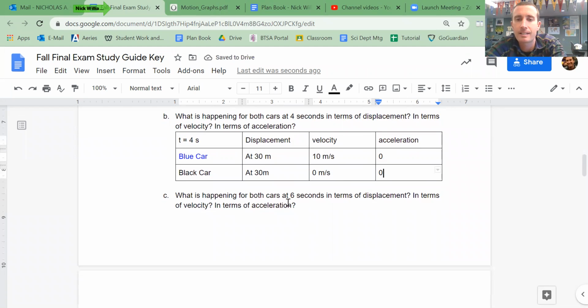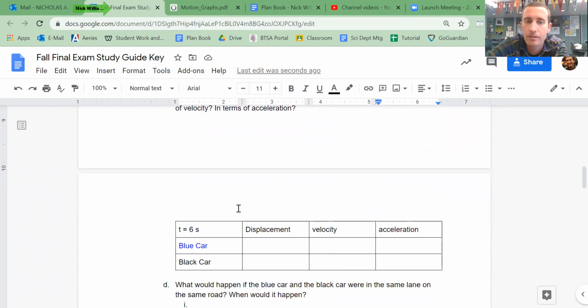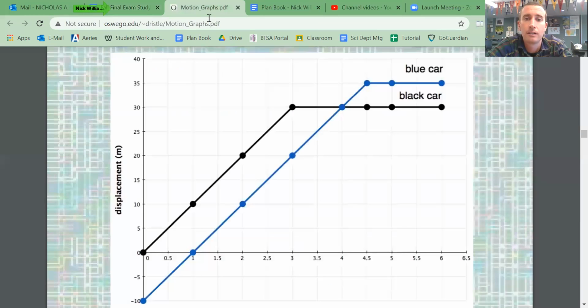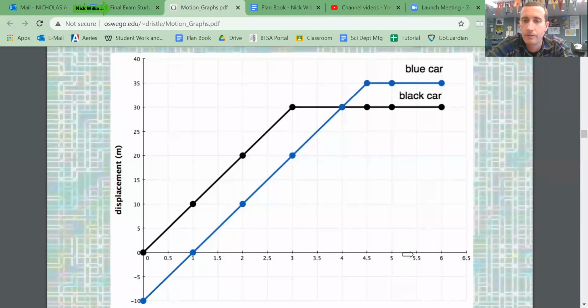And then what about at 6 seconds in terms of displacement, velocity, and acceleration? So at 6 seconds, now I'm all the way out here. I'm going to pay attention to that point and that point.